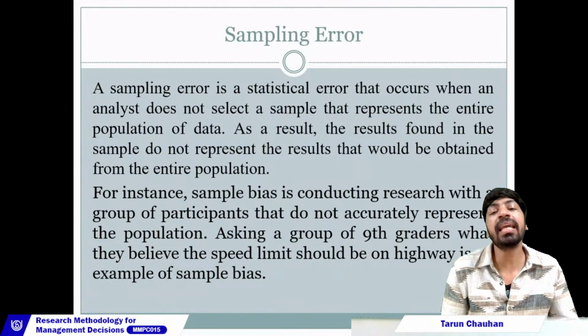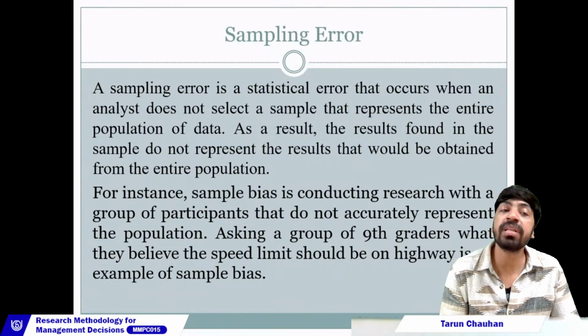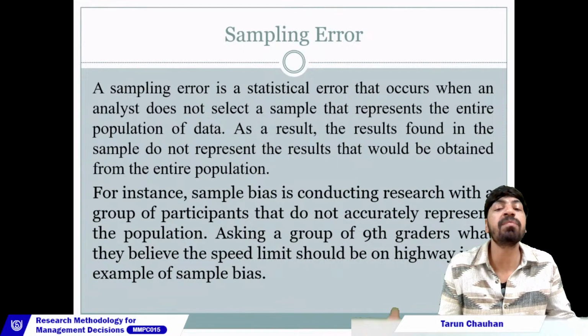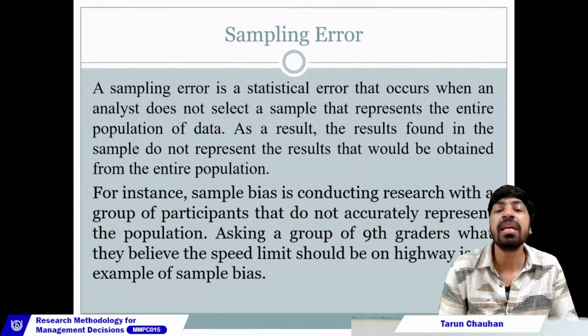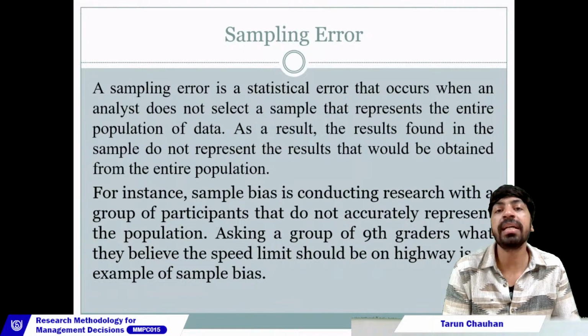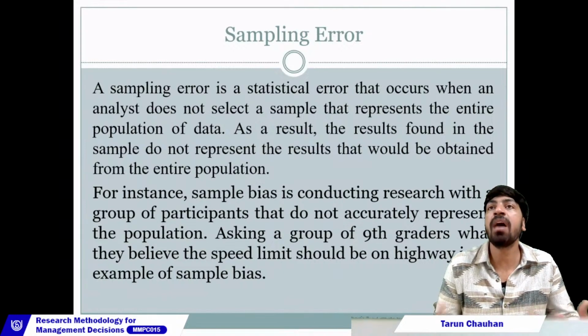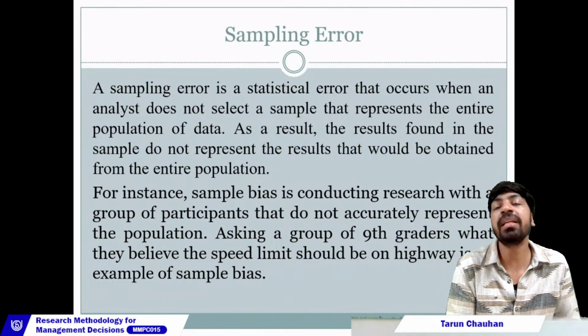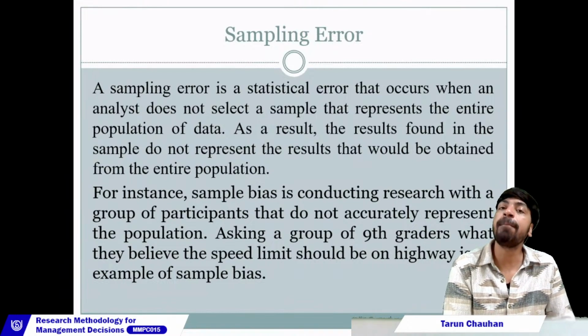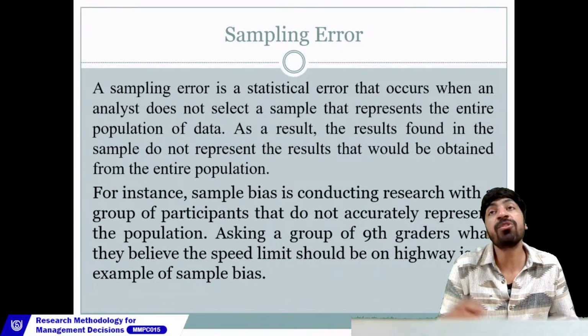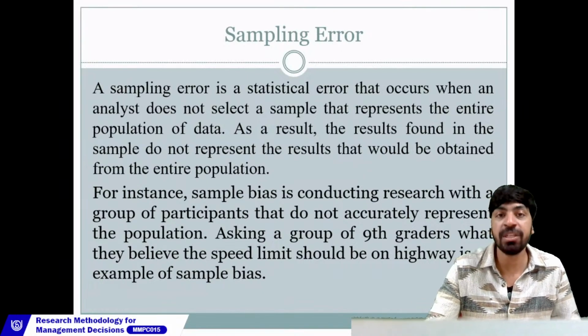So if you're asking a group of ninth grade students what they believe the speed limit should be on the highway, that's called the sampling error or sampling bias, because ninth grade students don't know what to believe about the speed limit which should be on a highway. That's exactly the sampling error, because the data couldn't be collected accurately to represent the entire population.